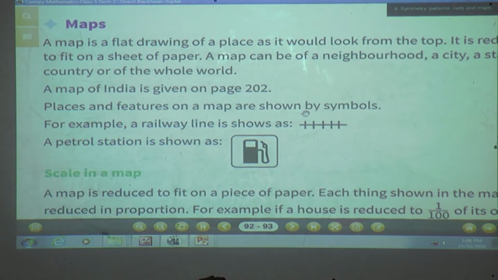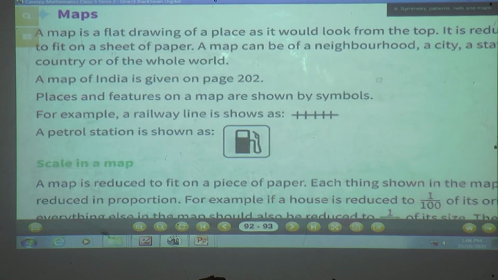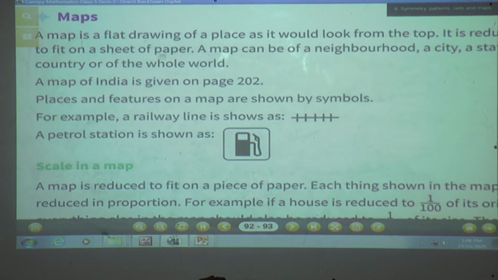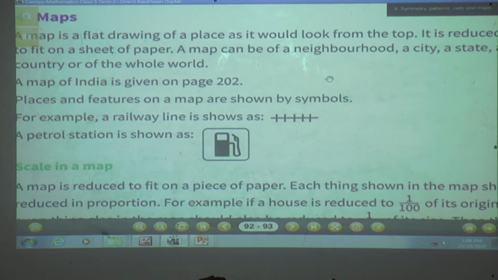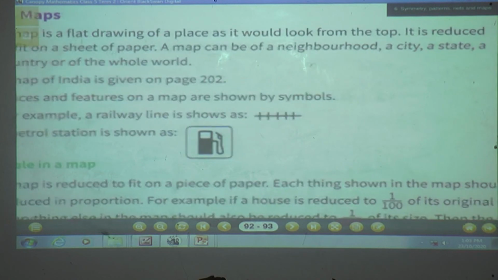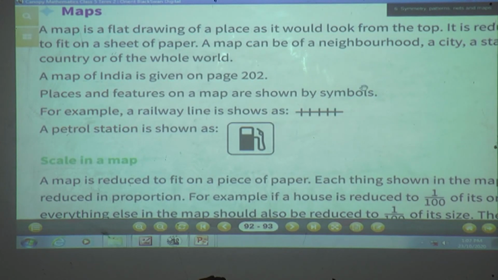A map is a flat drawing of a place as it would look from the top. It is reduced to fit on a sheet of paper. A map can be of a neighborhood, a city, a state, a country, or of the whole world.